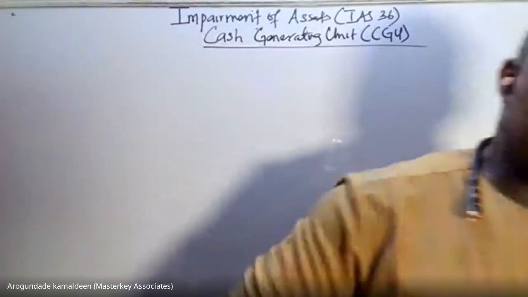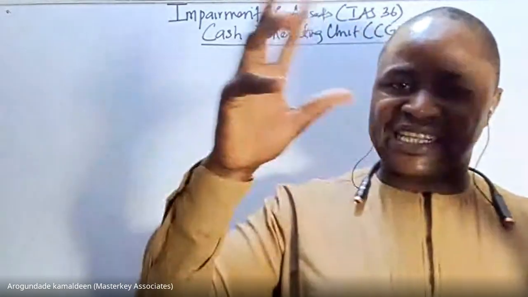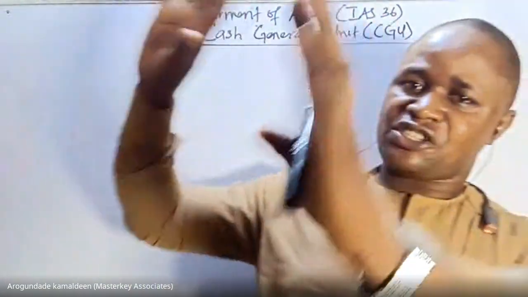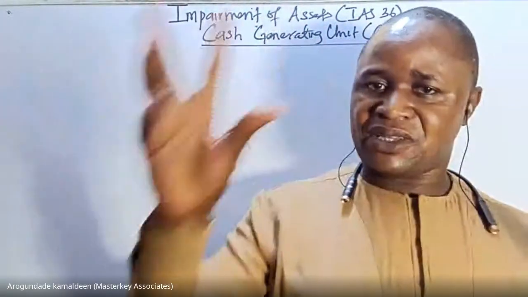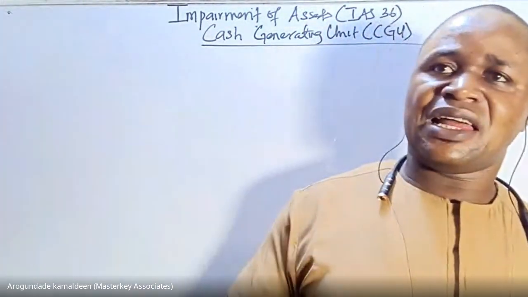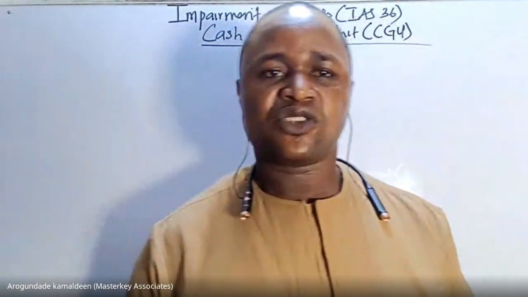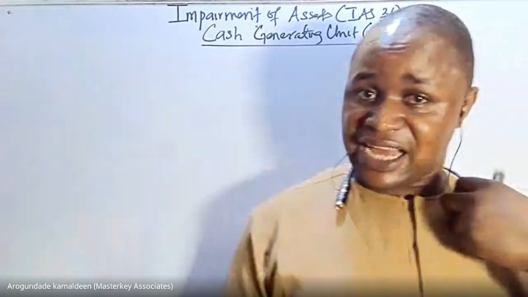So your CGU could be a department in an organization, and in that department there are assets. It could be a branch, it could be a subsidiary.